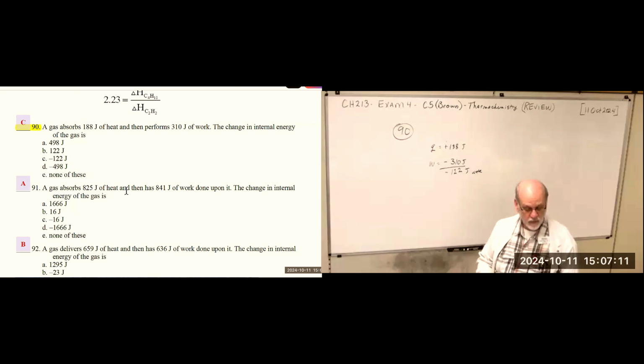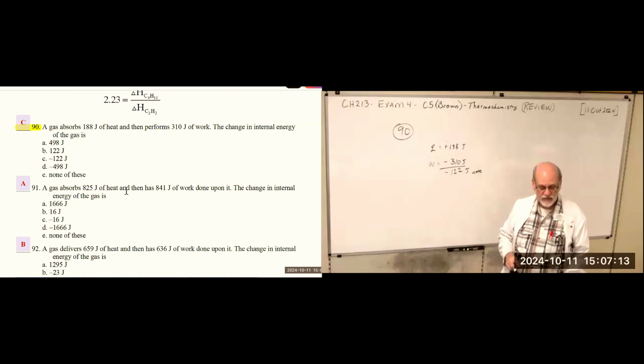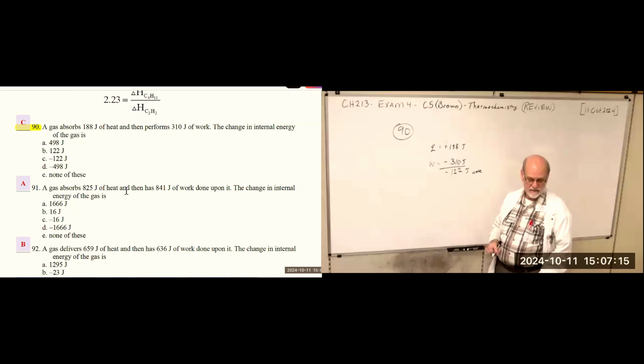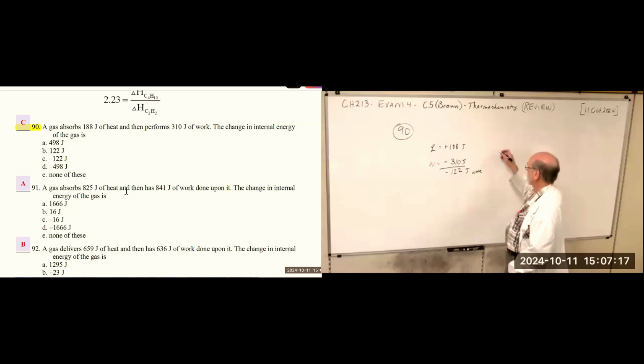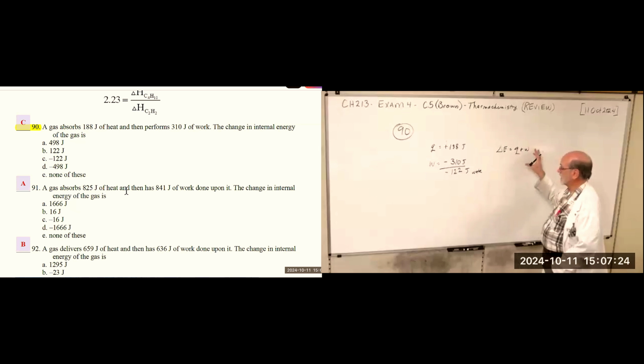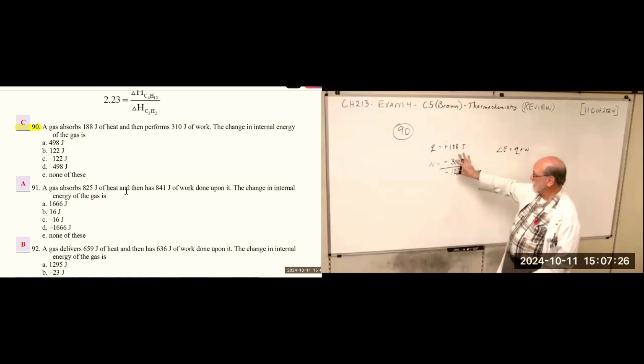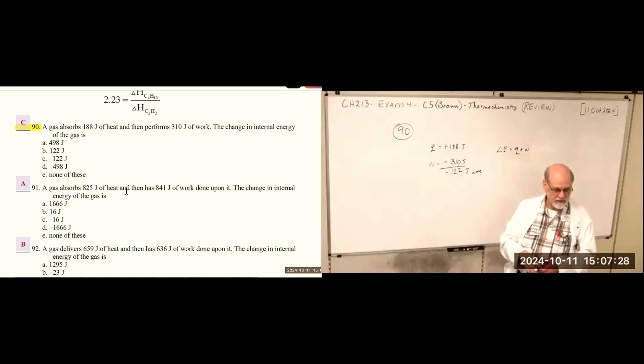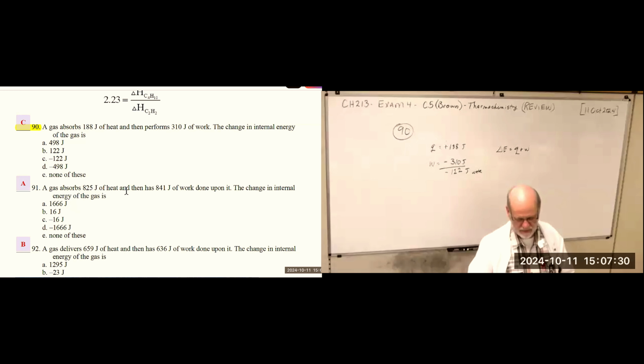So negative 122 joules is the internal energy of the gas, the change in internal energy. That's all I did. I just added those two together, keeping the signs, and we ended up with a negative 122.